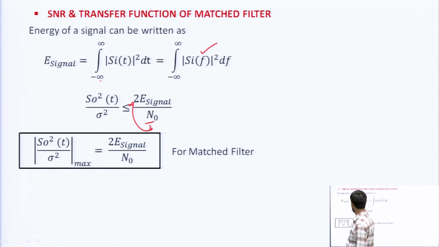So the maximum value is when it is equal, that is, less than or equal to, and if equal then it would be maximum. So 2 times the energy of the signal divided by n naught is the maximum SNR for the matched filter in terms of energy.